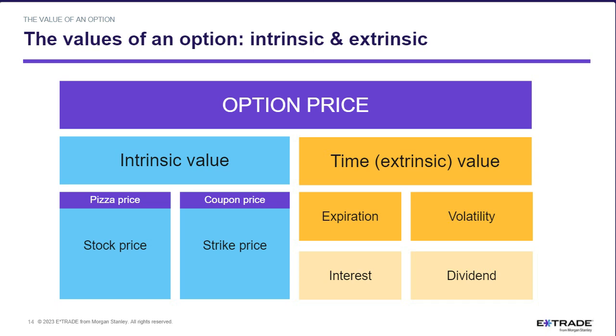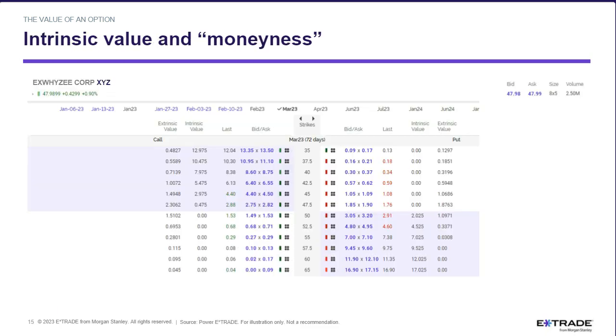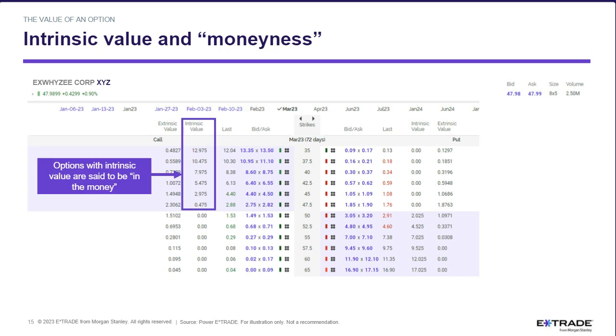So let's look at it in the option chain. So we'll focus in on certain areas. Notice this area here. I've added a column called intrinsic value. And you can see here in this sort of light purple shaded area, the intrinsic values are all positive.